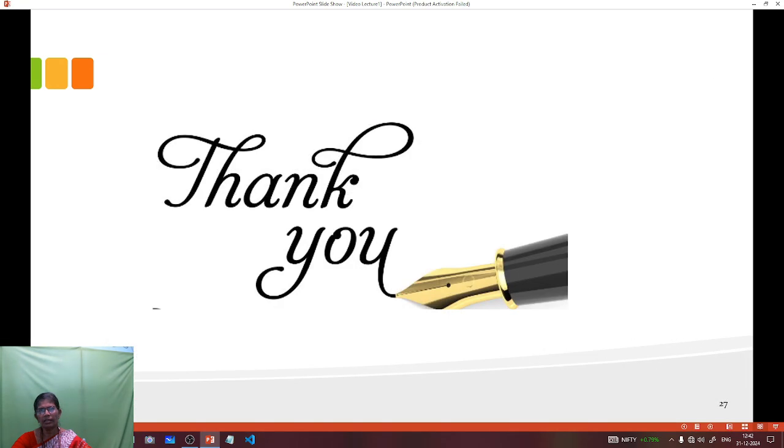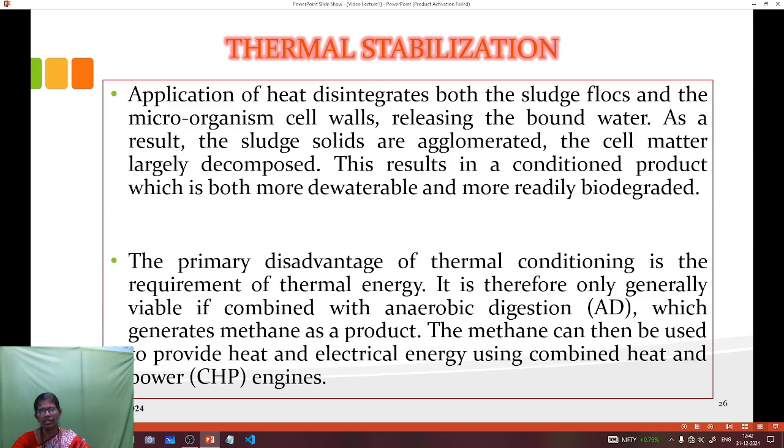Then the final step is thermal stabilization. Here we apply heat, which disintegrates the sludge flocs, because sludge is made of various flocs. Those flocs will be disintegrated, and the microorganism cell walls will be broken and release the inside cell matter, and this will be easy for the dewatering process.